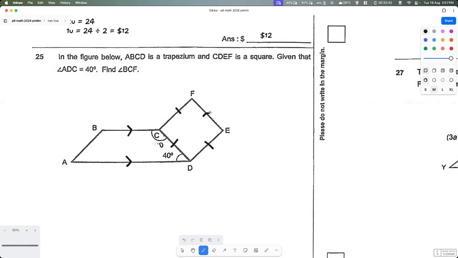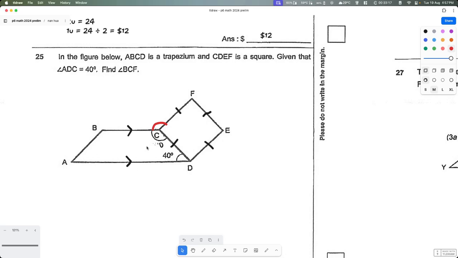Given that ADC is 40, find BCF, which is this one, BCF, right? I think they were giving me how many degrees this is. Let me check what the degrees were over here.